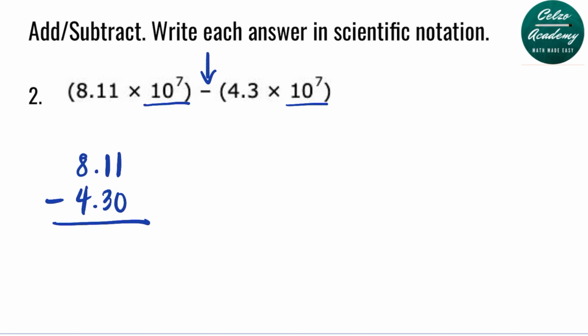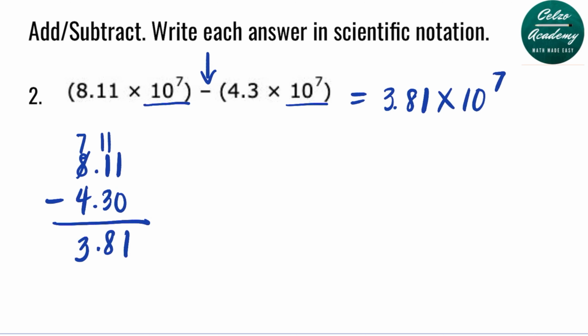Subtracting this from the right, 1 minus 0 is 1. We can't subtract 3 from 1, so we borrow 1 from 8. This becomes 7. 1 becomes 11. So 11 minus 3 is 8. And 7 minus 4, we have 3. So we will have 3.81. And we will copy times 10 to the 7th power. So the answer is 3.81 times 10 to the 7.